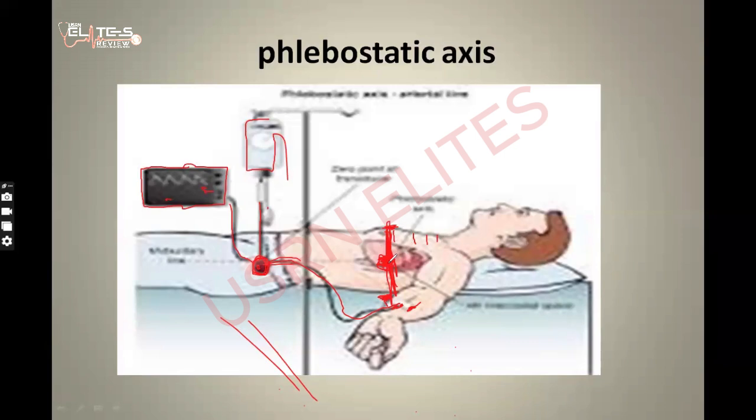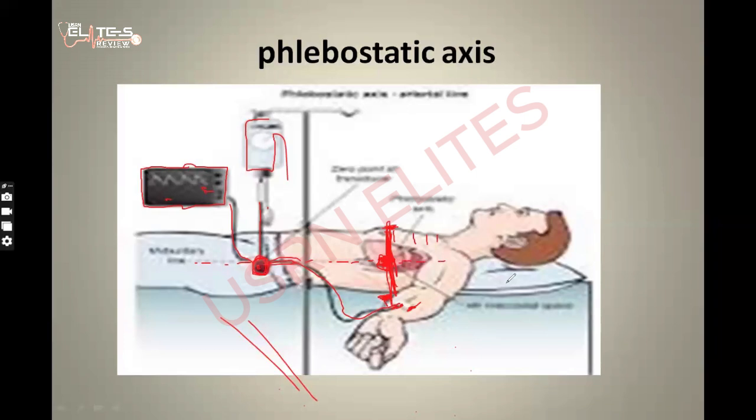It doesn't mean that the transducer should be here by force. No. So this one shows us that we have an inverted or projected lines throughout the patient. Okay. So we want our transducer to remain around the same level.